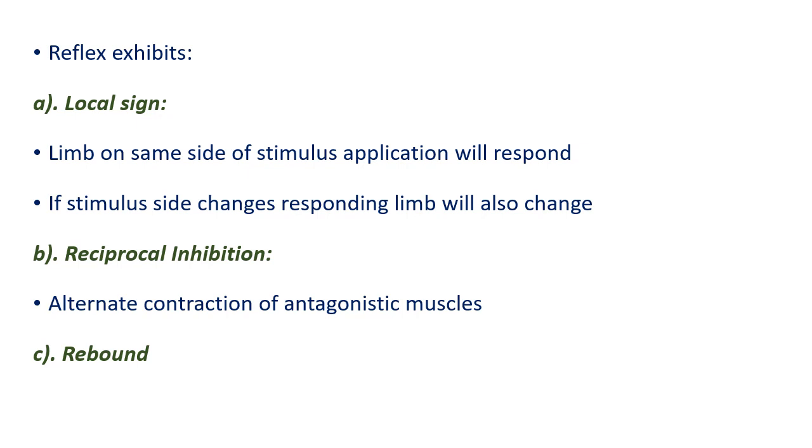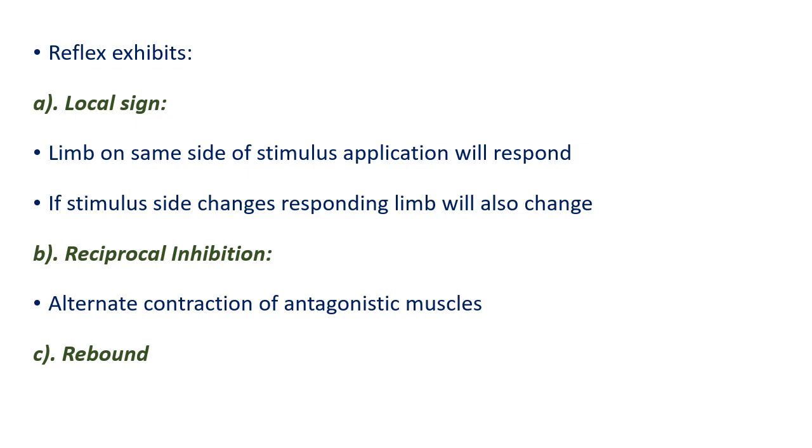Now the third property, that is the rebound. When antagonistic muscles are contracting, suppose first the flexor muscle is contracting, the extensor muscle is kept inhibited. Next, in sequence, the extensor will contract, but because of the rebound phenomenon, it will show a higher magnitude of contraction.